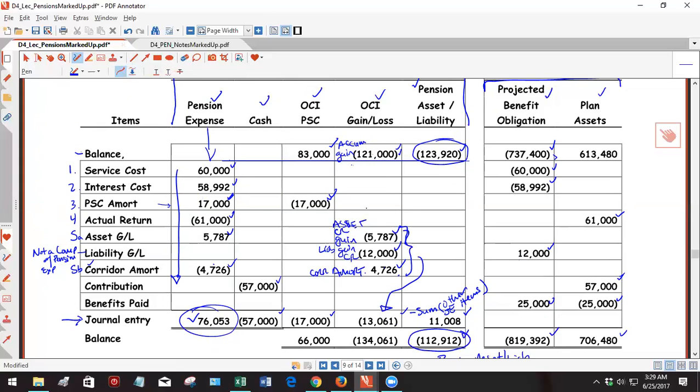We do use 121 adding the 13061 to get the ending balance of the OCI gain loss, and we take the 83,000 less the amortization to get the ending balance of the OCI prior service costs. All right.